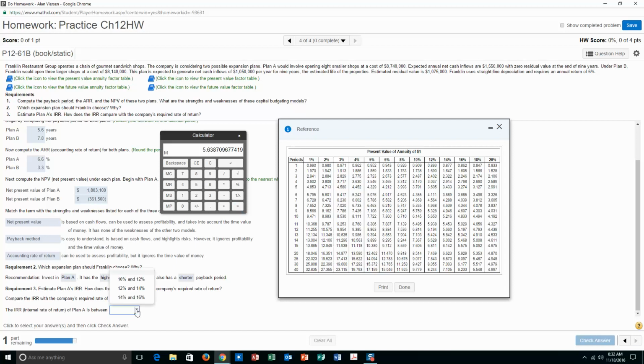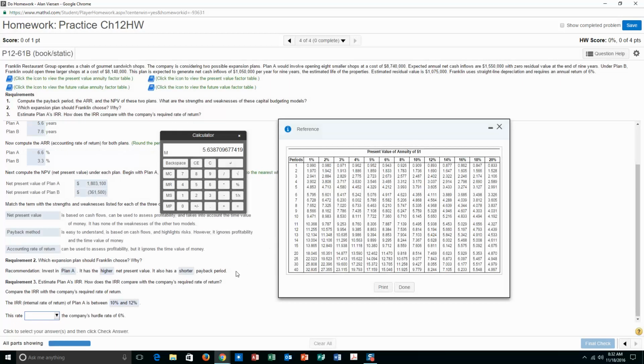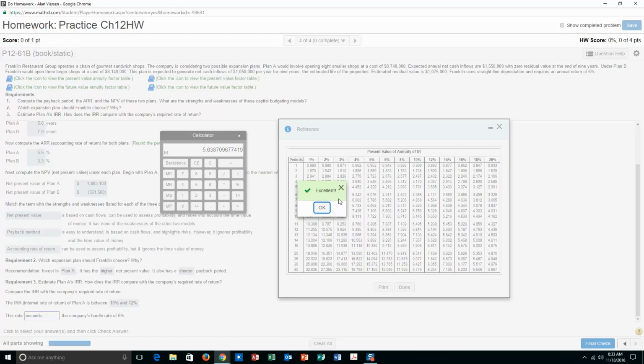And so we discover that it's between 10 and 12%. And you may have to answer a question doing that, but we did it perfectly. And so this rate basically is going to then exceed the company's hurdle rate because our hurdle rate was 6%. And so our final check says everything is great.